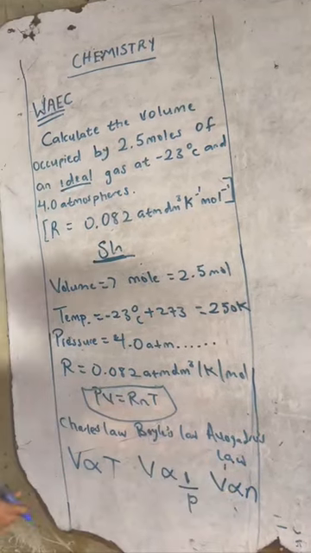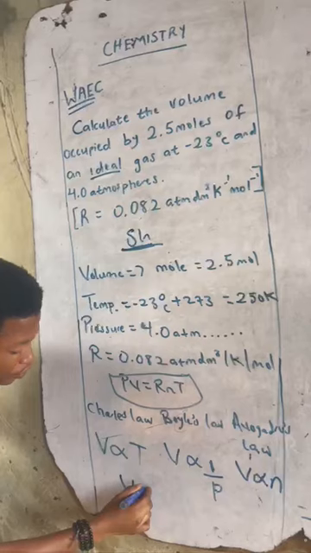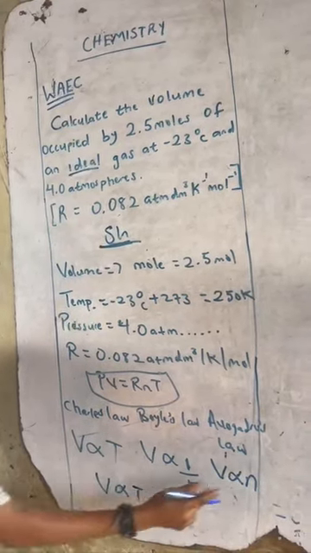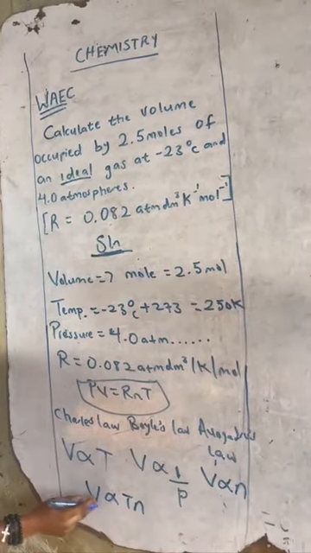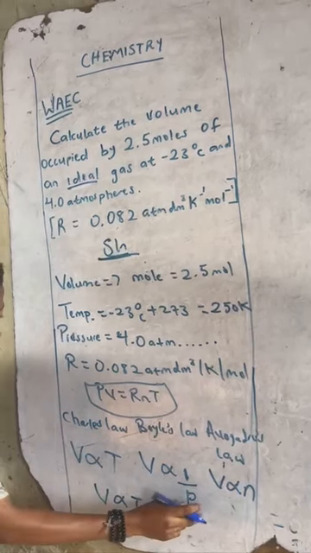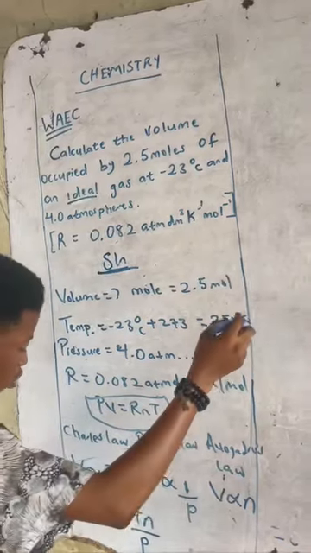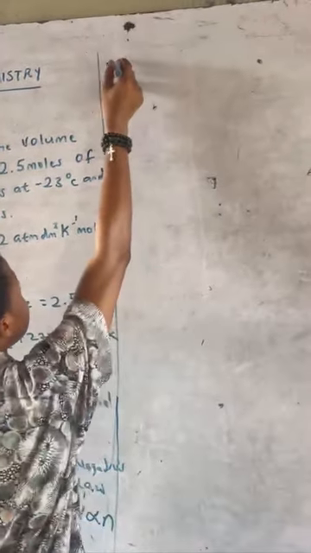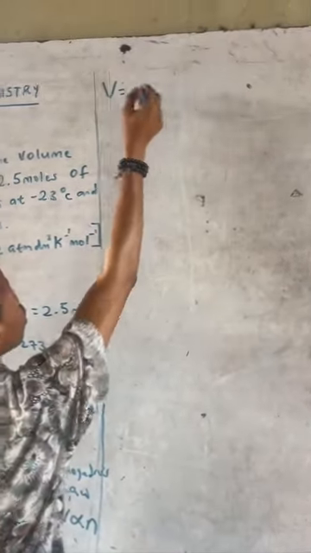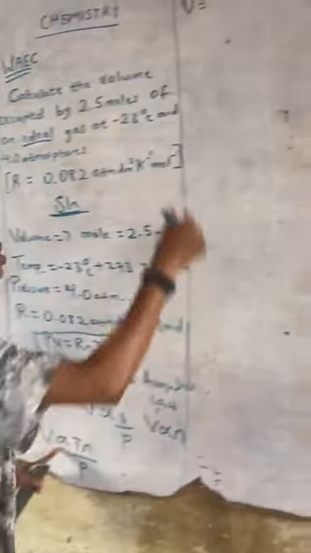Now let's combine these three together. We have volume, volume, volume. So volume varies directly as T, also as n here. So volume varies directly as T and n, and inversely proportional to the pressure. From here we have V equals K times T n over P, that's in mathematics.